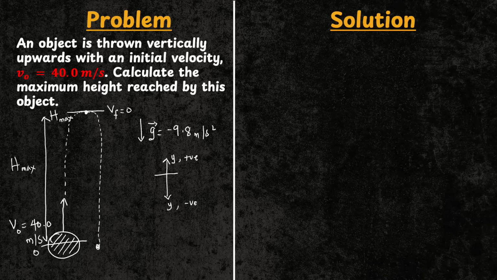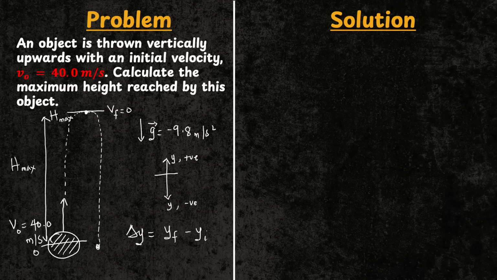So we know this object starting from 0 position all the way to the maximum height is going to have some displacement, delta y, as our y final. That is the final y position, the maximum height over there, minus y initial.